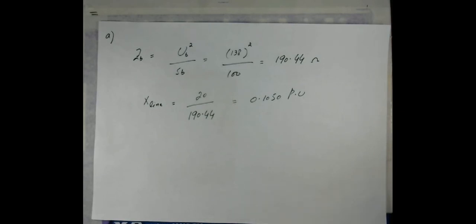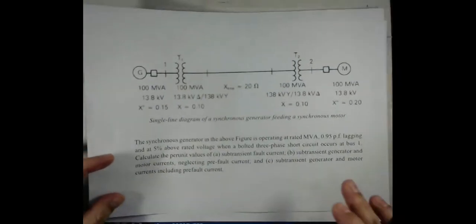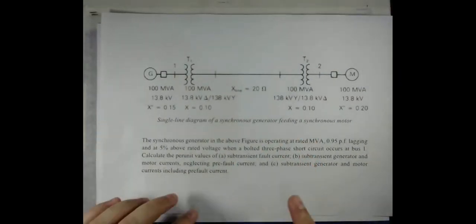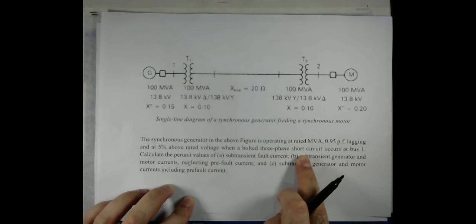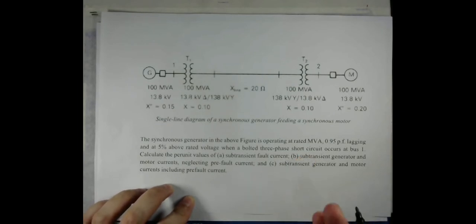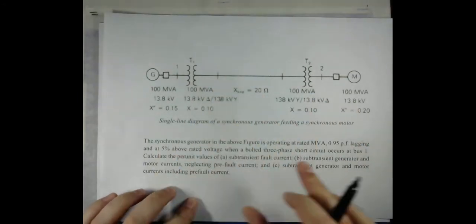Now I will draw a circuit, and as you know, a 3-phase short circuit has happened. So it's a balanced type of fault, so I will conduct the analysis using just a single phase. Let me draw the circuit first for just one phase.